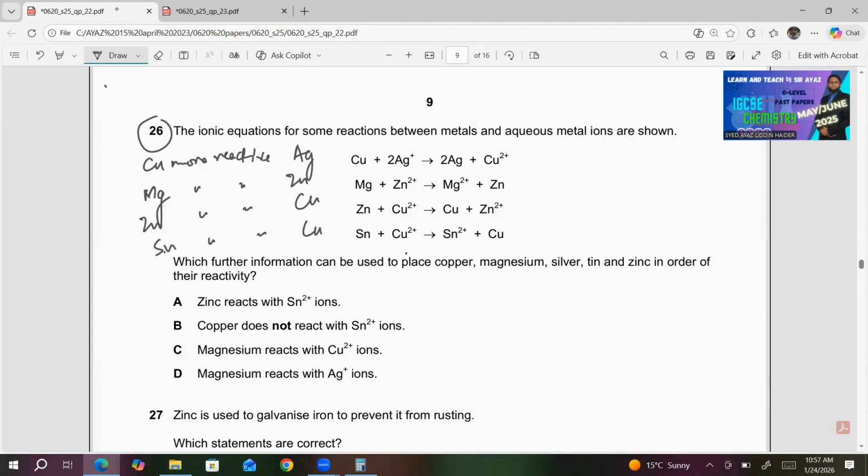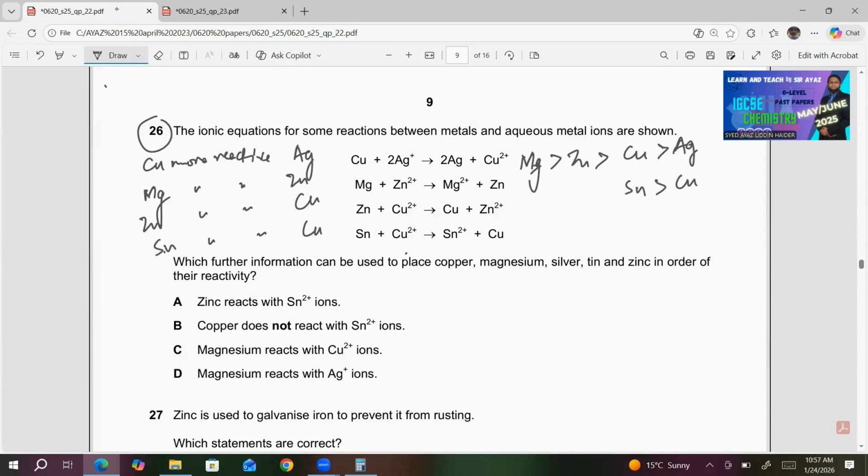Now let's place it. Magnesium is the most reactive here, so magnesium at the top. After magnesium, we have zinc. Then zinc is more reactive than copper. Copper displaces silver and tin displaces copper. Tin is more reactive than copper, copper is more reactive than silver.